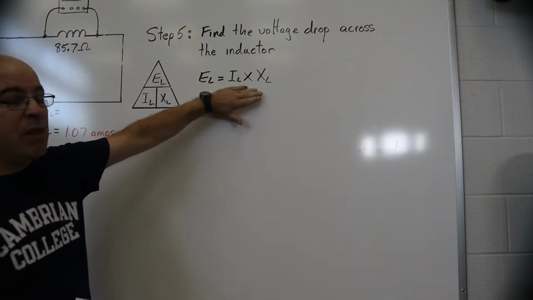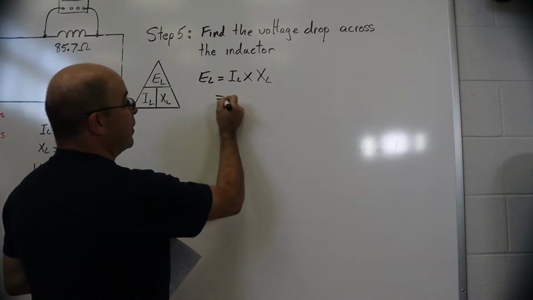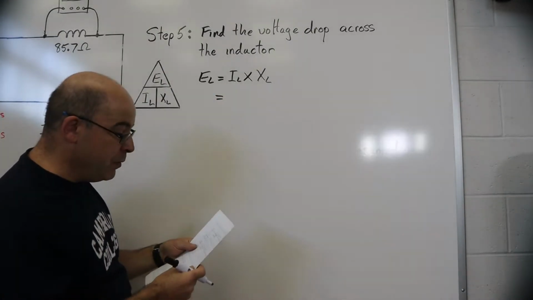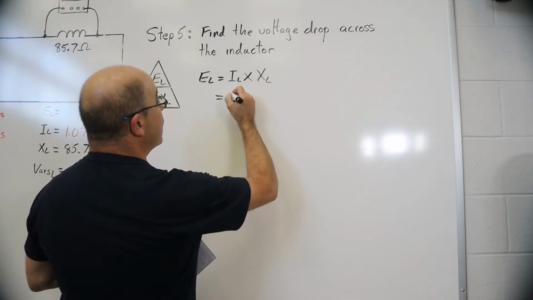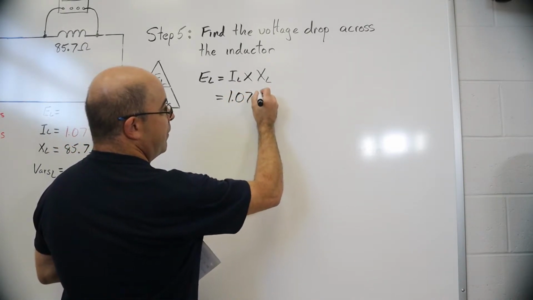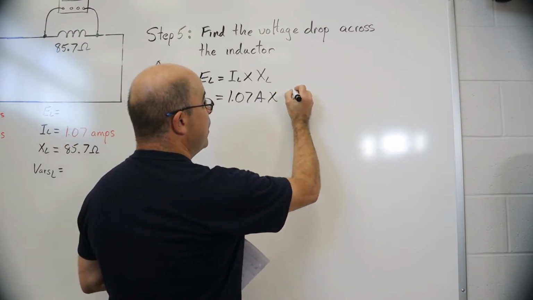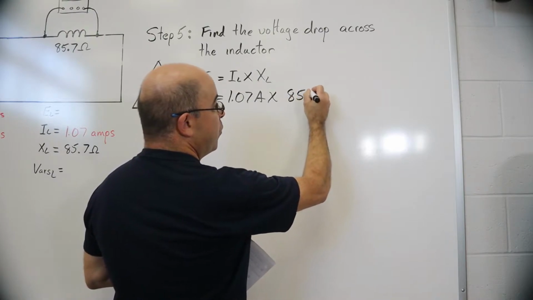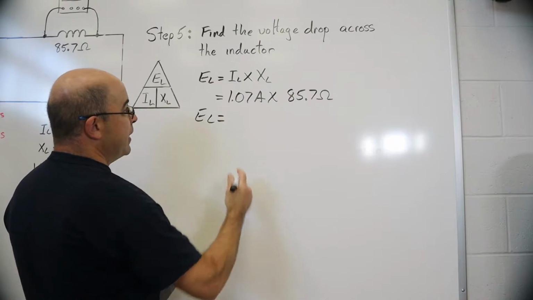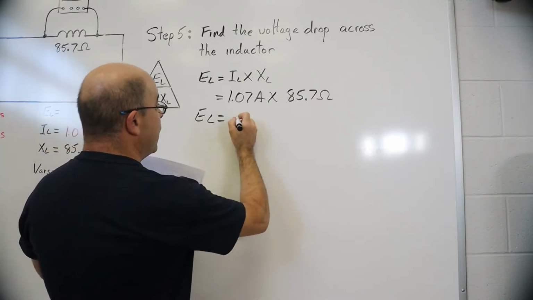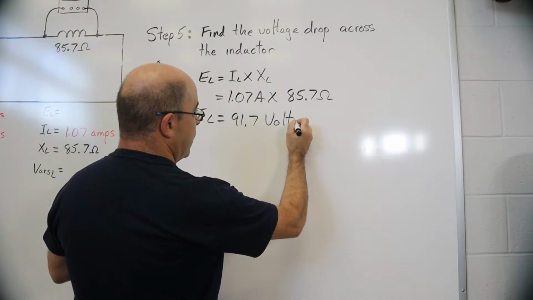And that gives us this formula right here. Using our given values, or pardon me, calculated values, 1.07 amperes multiplied by the value of inductive reactance, which happens to be 85.7 ohms, and the voltage drop is going to be 91.7 volts.